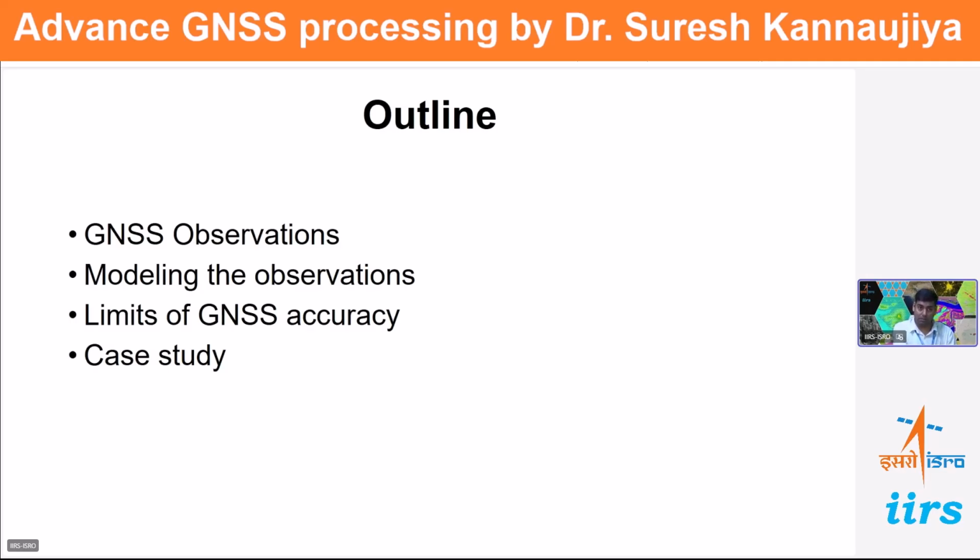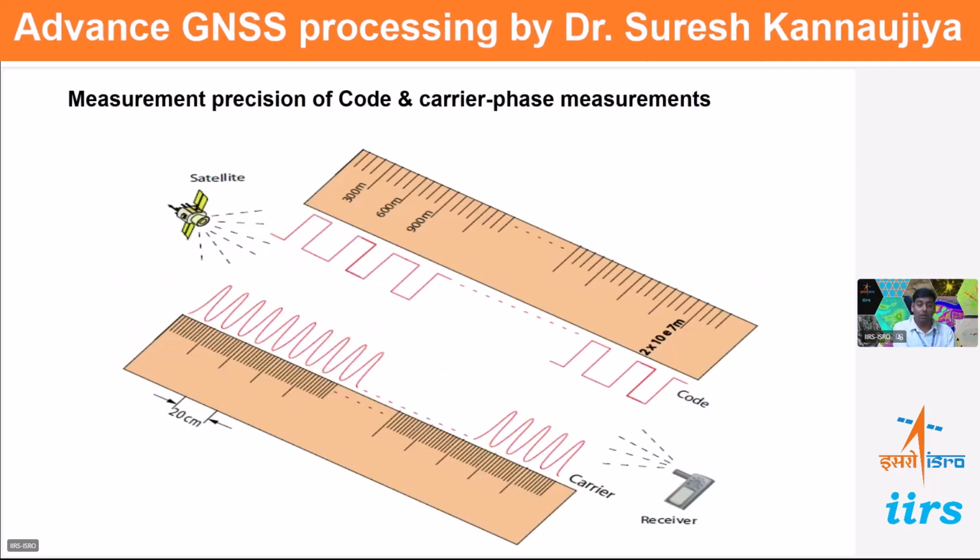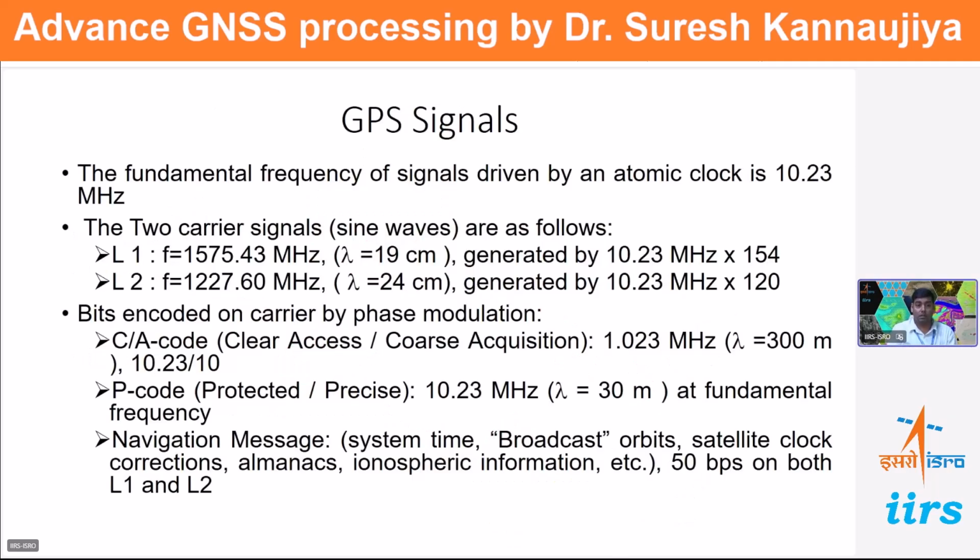GPS has L1, L2, and L5 signals. Earlier GPS had the C/A code for acquisition, then the P code, then the navigation message, which basically carries the broadcast orbit, satellite clock corrections, ionospheric information, etc. Both are transmitted on the L1 and L2 frequencies.